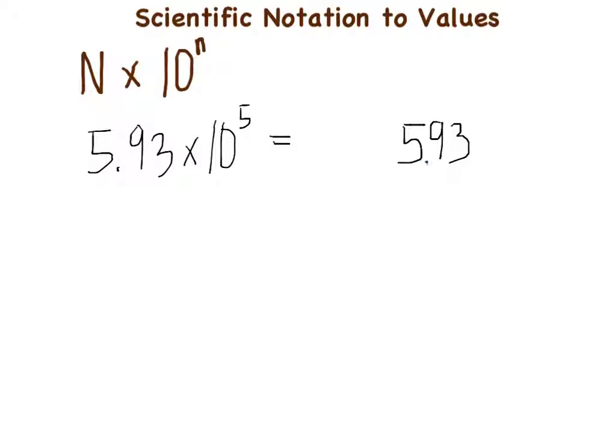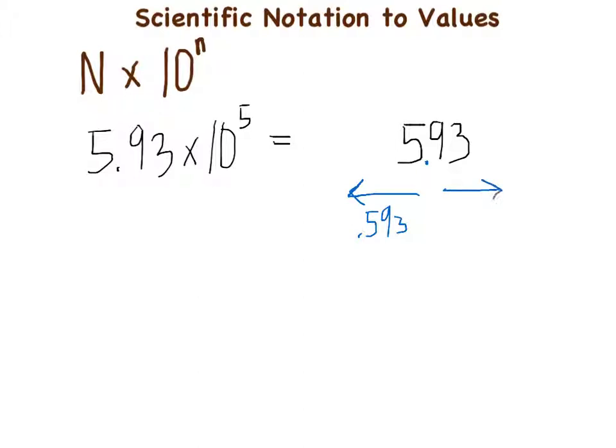So originally the decimal is right there. Now, we can only move the decimal over to the left or to the right. We can't move it up and down, just left or right. If you moved it to the left, it would become 0.593, which is smaller. So moving to the left will make it smaller.